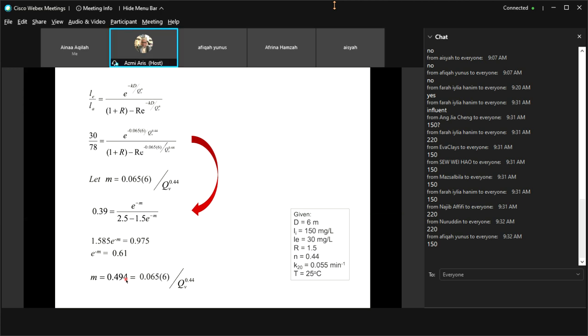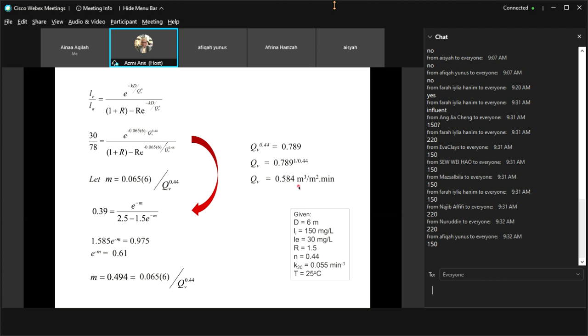And this is equal to 0.065 times 6 divided by QV to the power of 0.44. Now, having only one unknown, you can solve for QV. So QV to the power of 0.44 equals 0.789. You remove the power from the right side, so you solve for QV equal to 0.584 meter cube per meter squared per minute.